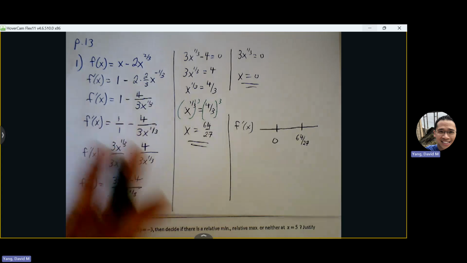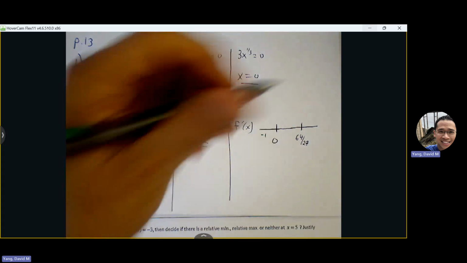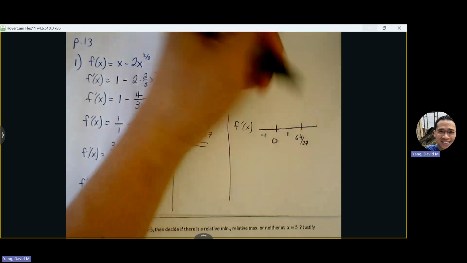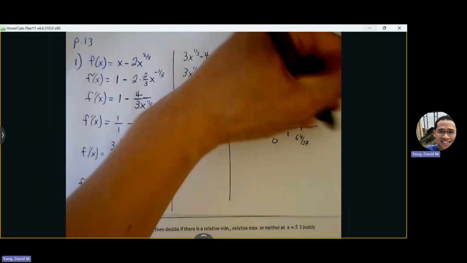I choose values in each subinterval to test. I'll test -1. I'll test 1. And 64 over 27 is greater than 1, but less than 3.